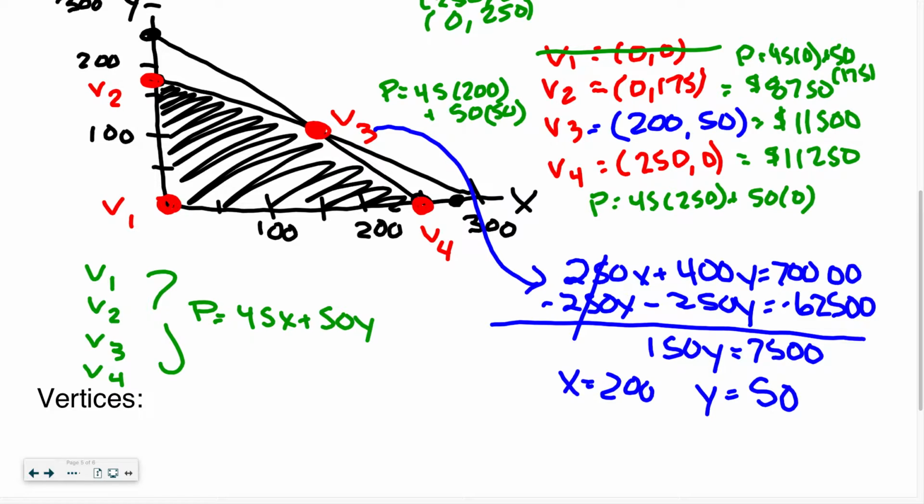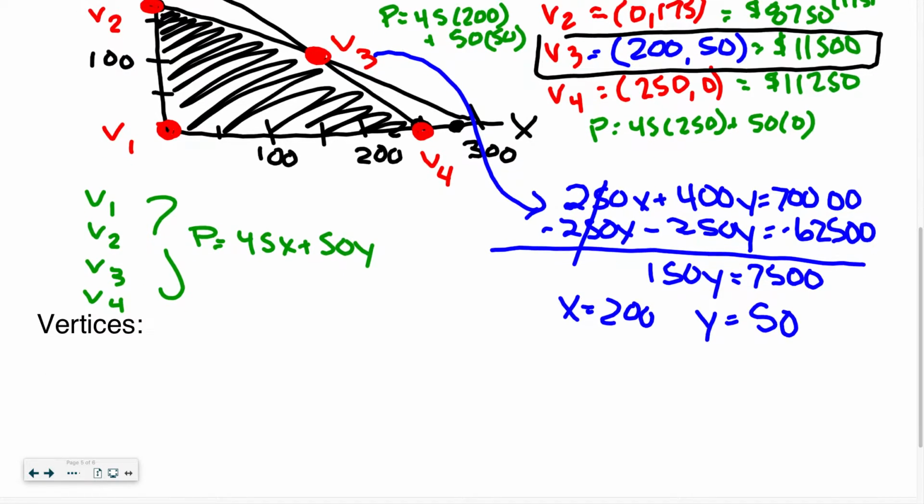Which one maximizes my profit? The V sub 3, right? So if I want to maximize profit, here's where I make my decision. I have to report back. Okay.